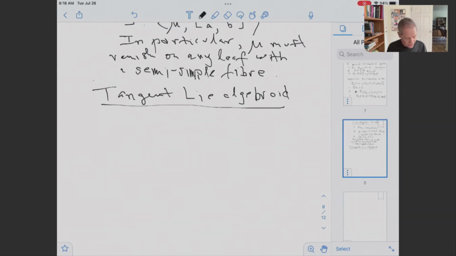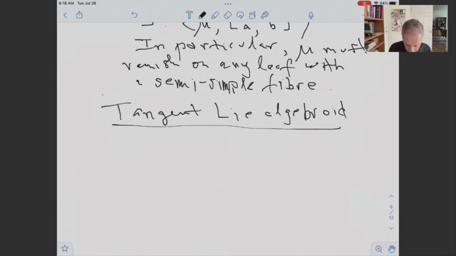Okay, so for the tangent Lie algebroid, if D has torsion, I'll use that notion for the torsion of D. And d pi equals 0.